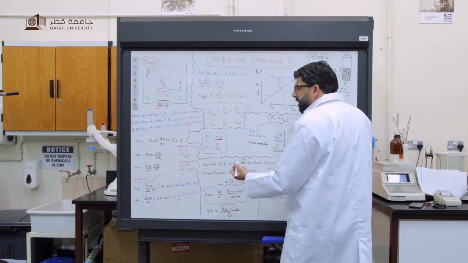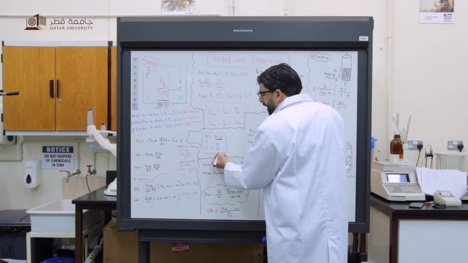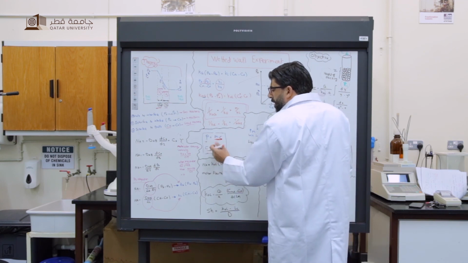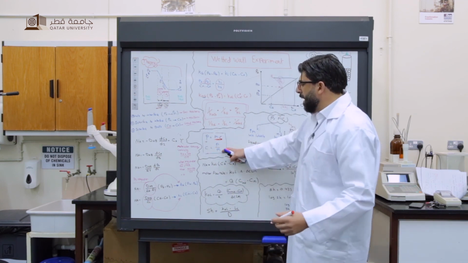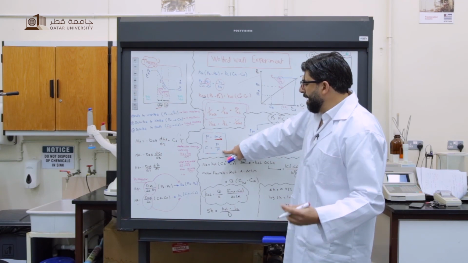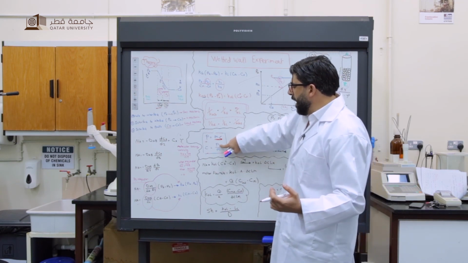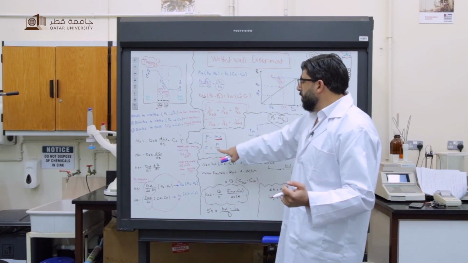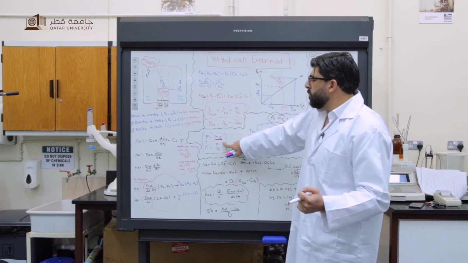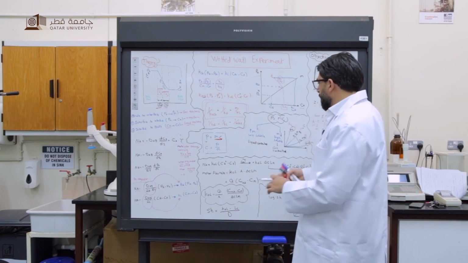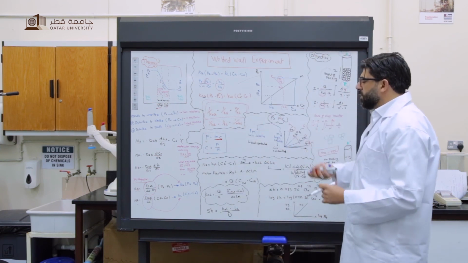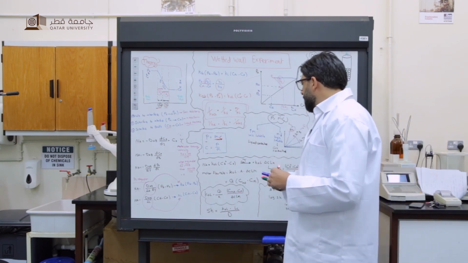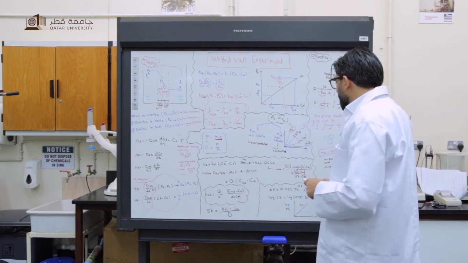But if M is very small, this part is high. So any change in the P will affect the C as well. So in this case, it will be gas phase control. So that is how to differentiate between systems and how solubility affects the system, whether it's gas phase or liquid phase control.